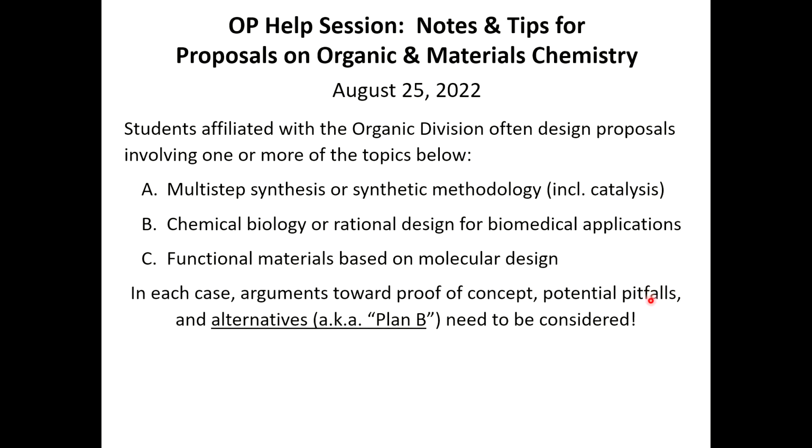Once you've identified those, the best way to approach it is to come up with alternatives, right? A plan B in case the most critical aspect of that problem cannot be overcome. It's not that you have to go into your OP and say, oh, this is a weakness and I have some backup plans. It's just that you want to be prepared to answer questions if somebody identifies it as being a weakness. Okay, and that would be the challenge.